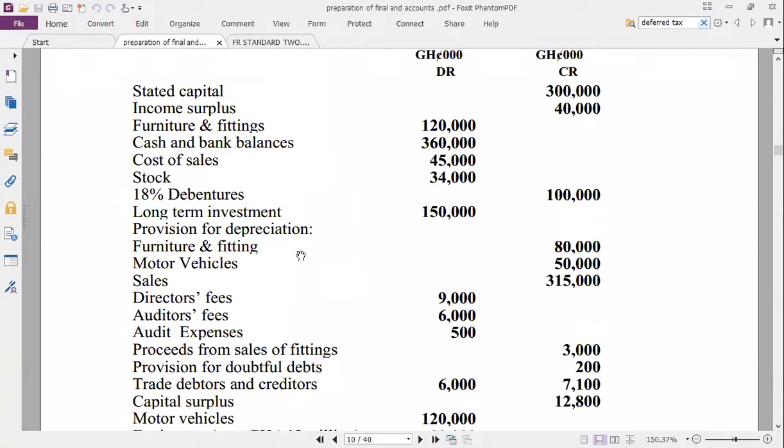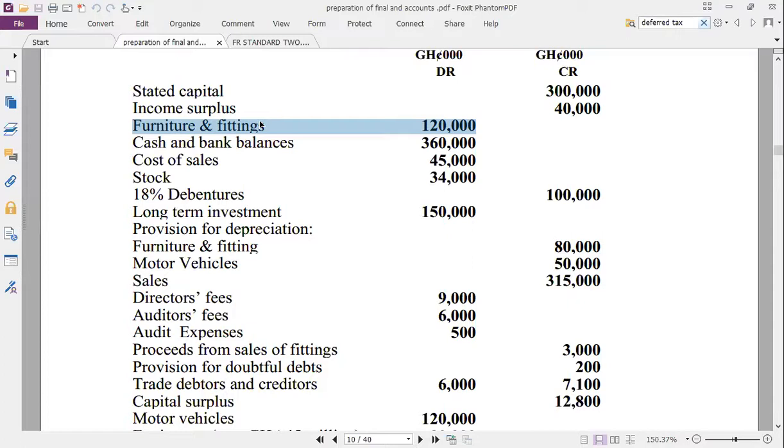When you go to the trial balance, you can see that you have furniture and fittings. If there are no other notes, then the depreciation will be 20% on that value. Here there's no scrap value. If there's no scrap value given, we cannot estimate it by ourselves. So now it's just the cost times the rate.